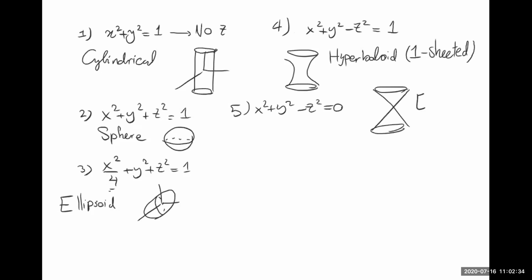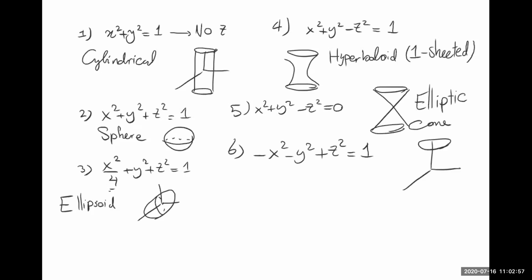This is called an elliptic cone. The next case is when the number on one side is negative. Or by multiplying by -1, we can say two of these things are negative and the other one is positive. This is something like this. This is a two-sheeted hyperboloid.